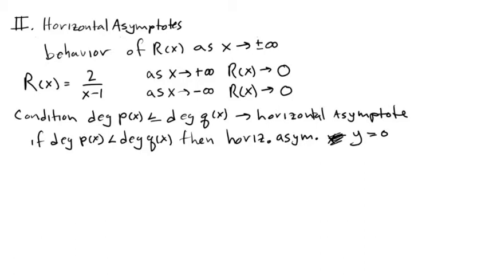Anytime the degree of the numerator is less than the degree of the denominator, the horizontal asymptote is the x-axis, y equals 0.